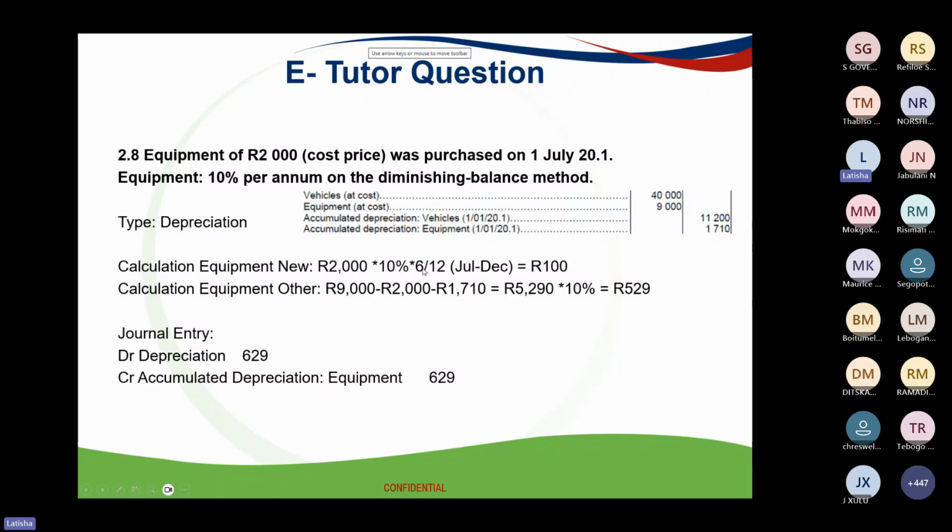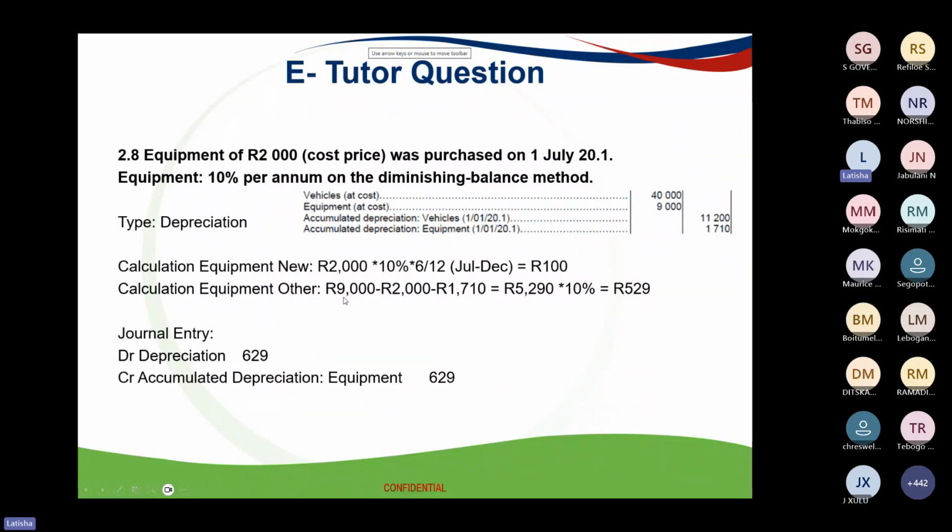So from July to December, we say times 6 over 12, that gives us 100 Rand of depreciation for equipment. But then there's the rest of the equipment. At year end, we have equipment to a cost of 9,000, and we've now only calculated depreciation for 2,000. So we still have 7,000 Rand left, which is the 9,000 minus the 2,000, which we also need to calculate depreciation on. I refer to that as the old equipment.